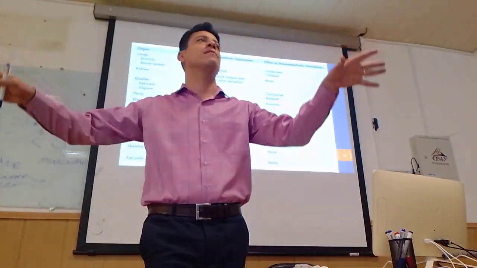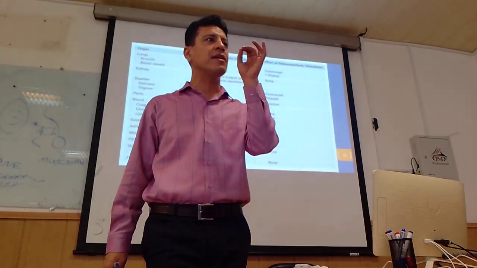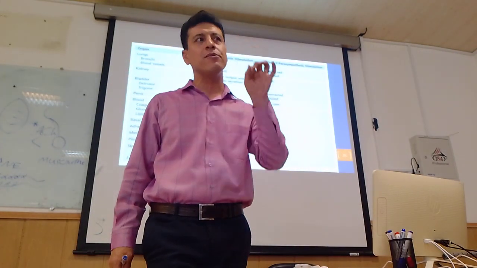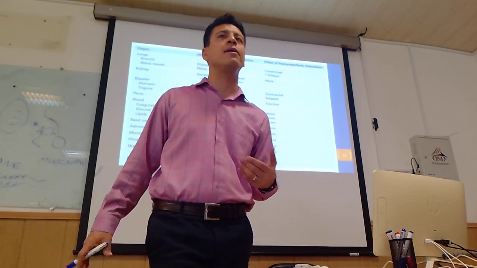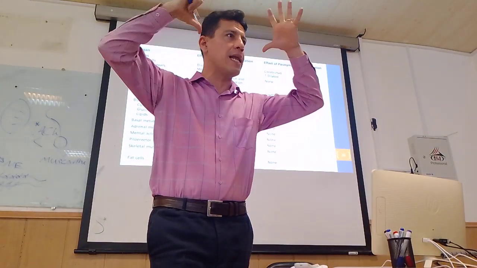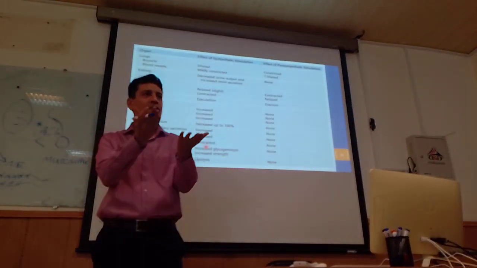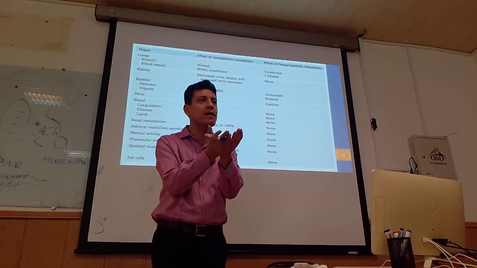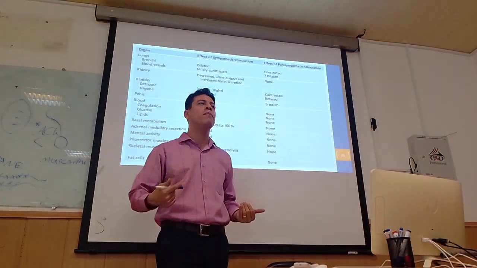When light is abundant here, parasympathetic innervation causes miosis. When you go out of this room and it's dark, sympathetic innervation causes dilation. Both of them are performing at the same time, depending on the need of the body.